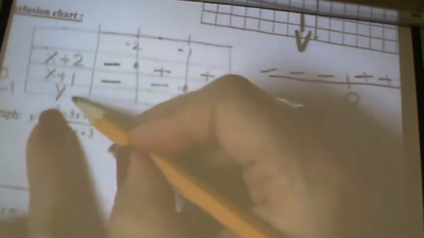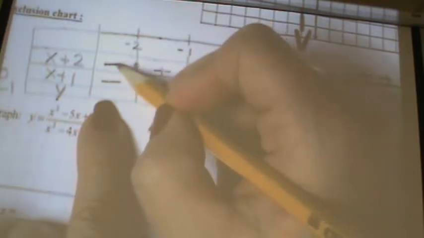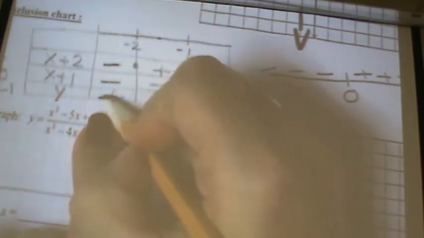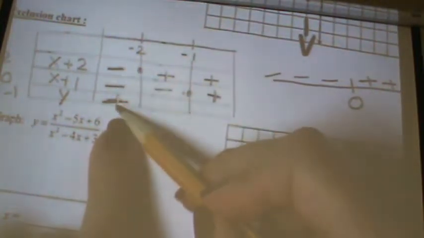This is going to tell you, see this y value? You're going to count how many negatives do you have in this column. 2. If it's an even number of negatives, it's positive. So count how many negatives. You have 2, so it's positive.